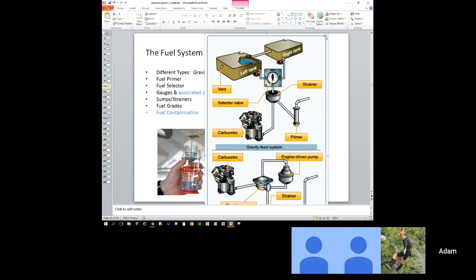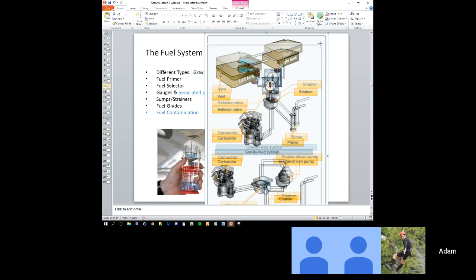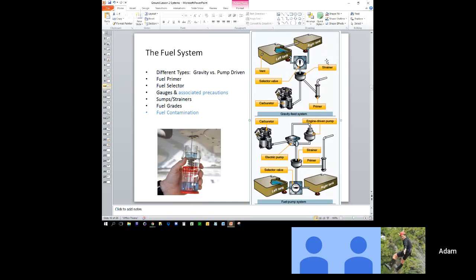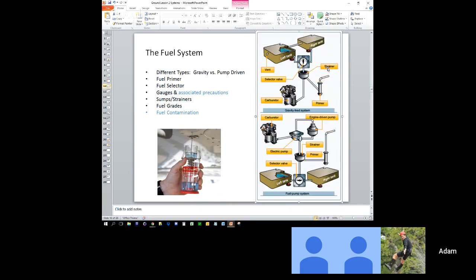Now, from a general aviation perspective, you're going to run across two kinds of fuel systems. One is called a gravity-fed system, and one's called a fuel pump system, or a non-gravity system.